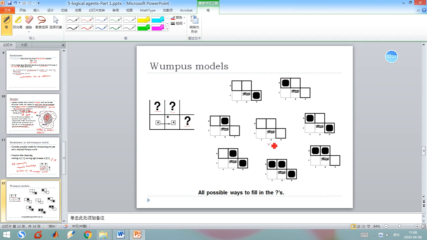Take this state, for example: there's no pit in each of these three squares. Now this state means the pit is in square 2,2. Now this state means all these three squares have pits.